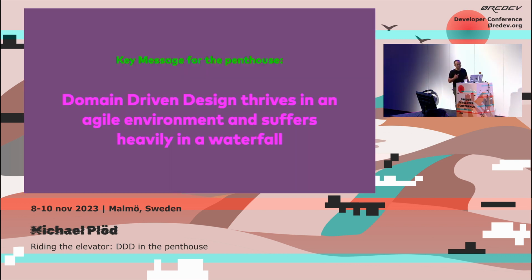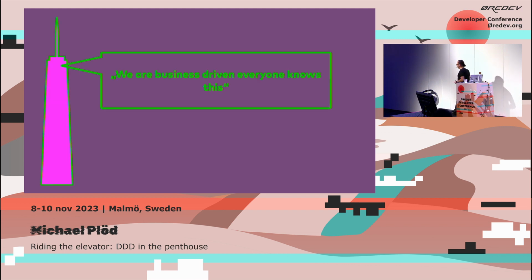So, the key message here to the penthouse, if you want to become more agile and want to step beyond, yeah, let's do Scrum for development teams, there are a bunch of really good ideas in the DDD space for that task, because DDD wants to work in that and pulls Agile to the domain modeling world, also to IT strategy world. Another quote that I very often hear is, "We are business driven, everyone knows that."